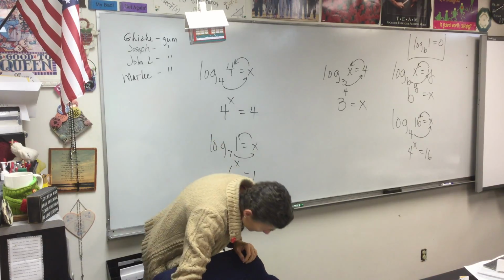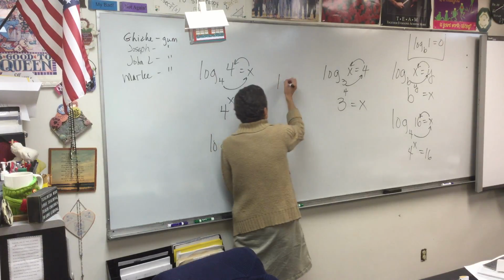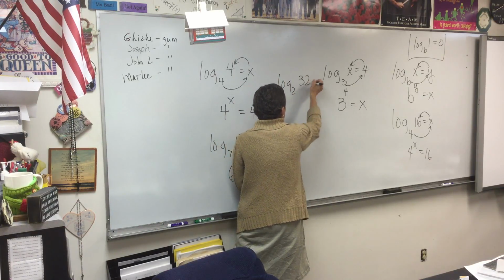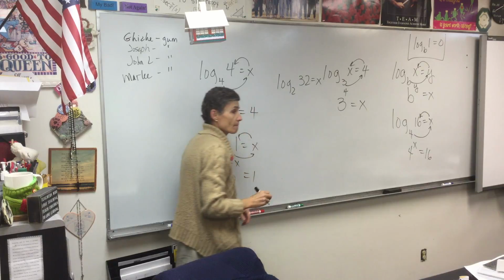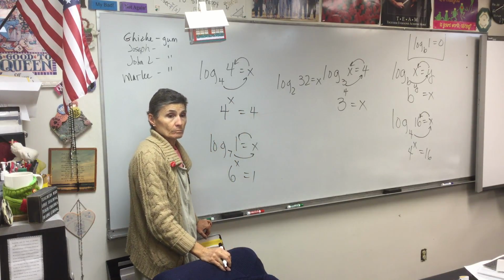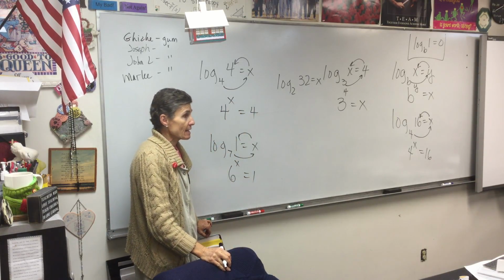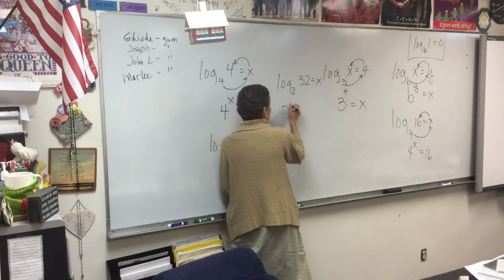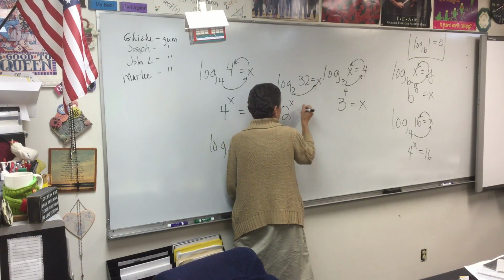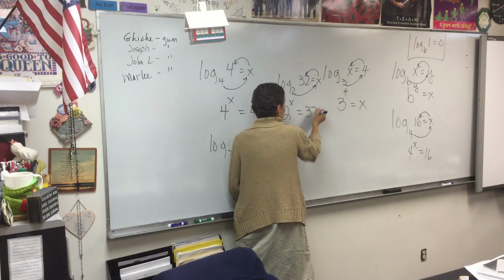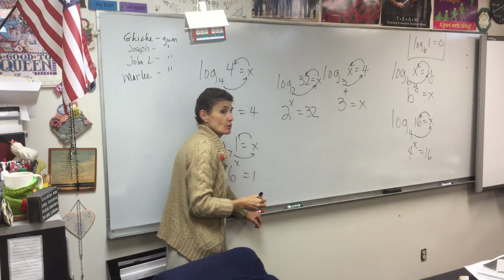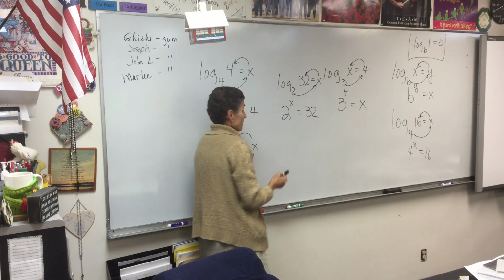Okay, that was easy. Okay, the log base 2 of 32. What's it say? Think about it. 2 to the x equals 32. So the answer is 5.